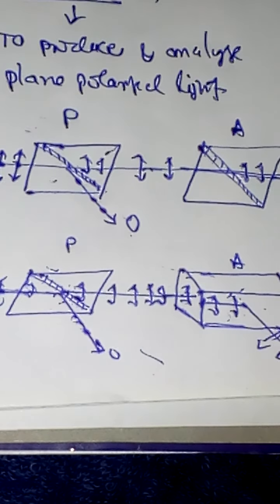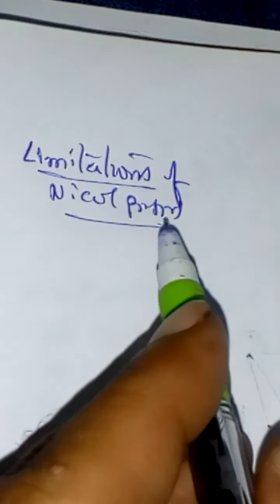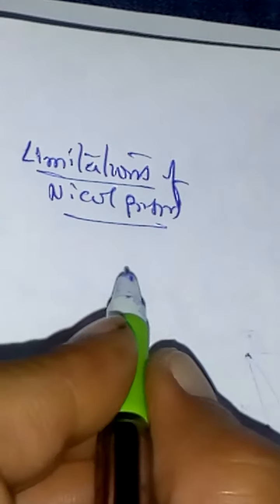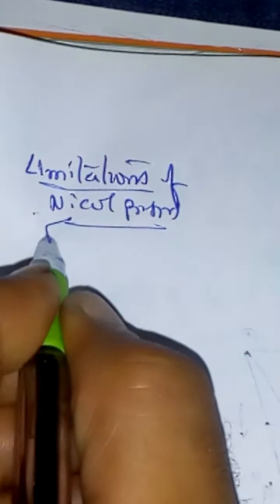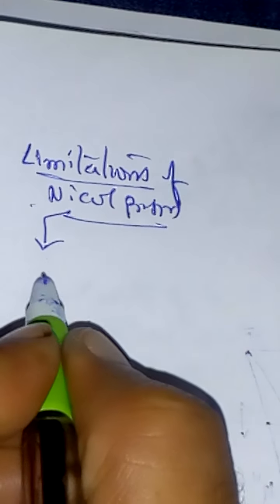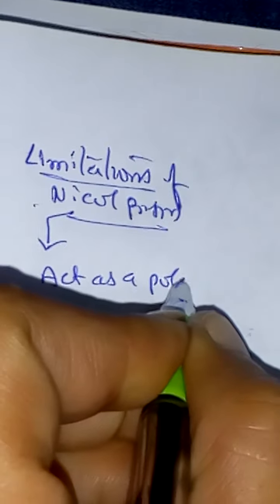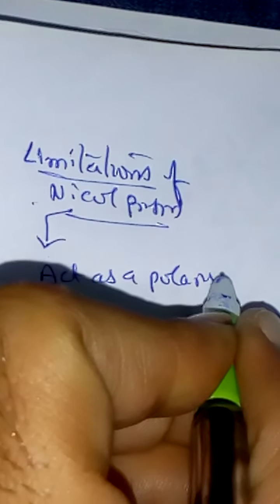But one thing we have to remember, there are certain limitations even for a Nicol prism. What are they? Let us understand. If you look at the limitations of the Nicol prism, you are making it act as a polarizer.